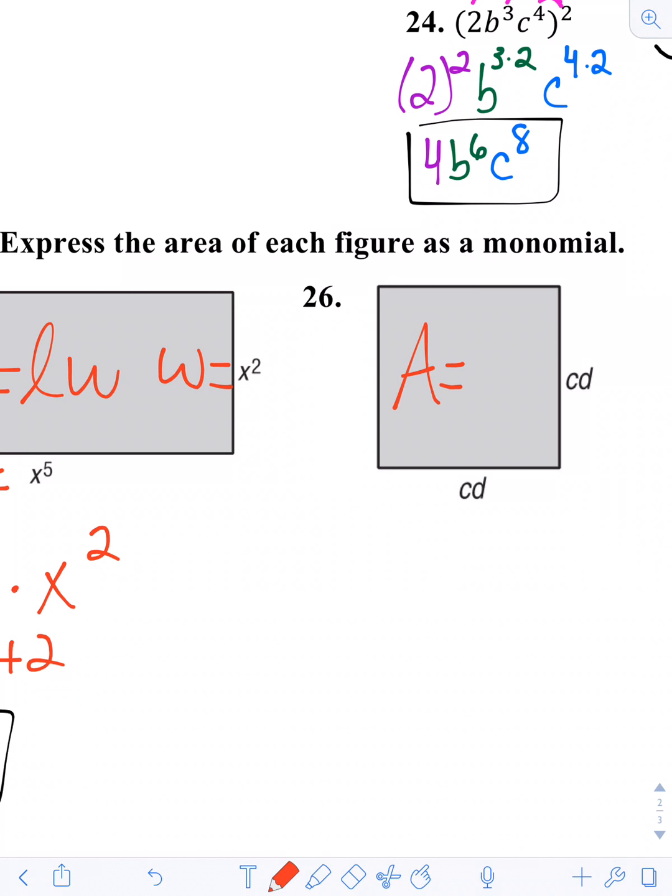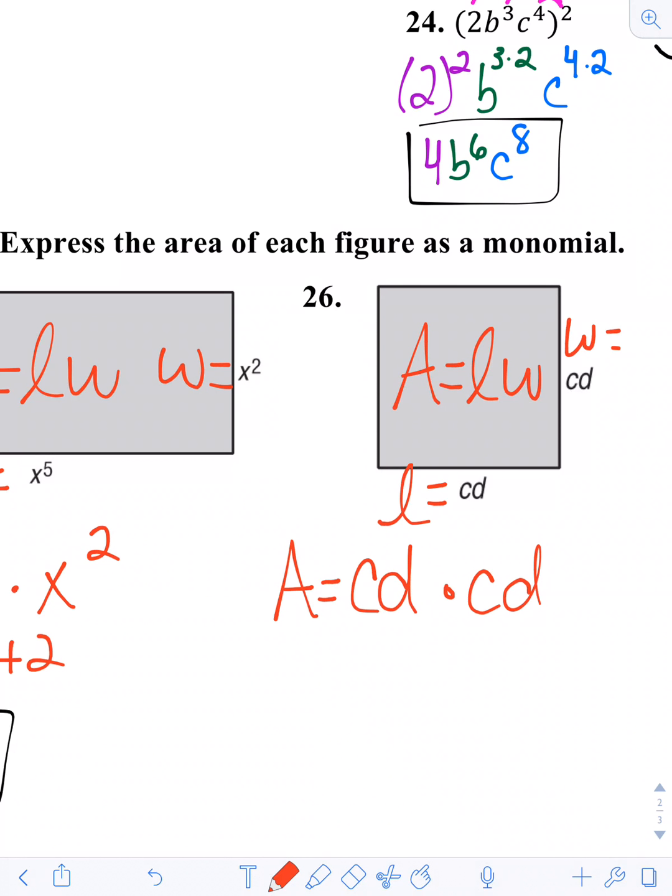Okay, so again, you have a square. You can use side times side or side squared or length times width. It doesn't matter. I'll just do length times width again. So here's your length. Here's your width. So area is equal to CD times CD. I'm going to go ahead and put my exponents on here. So this is all to the power of 1.